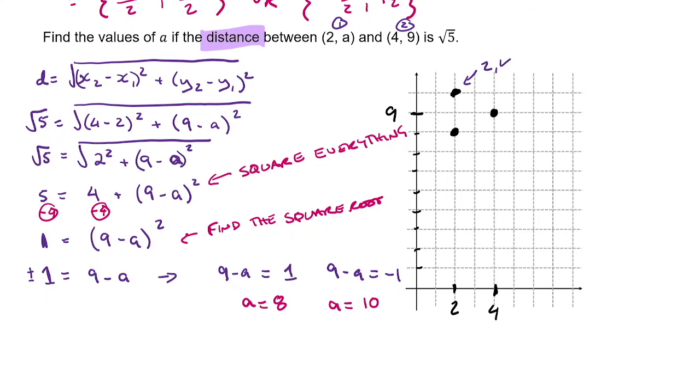So that's 2, 10. And that's 2, 8. And then this distance in here is the square root of 5. And that distance in there is also the square root of 5. So that's just how it looks graphically. And if you've done all the calculations correctly in your algebra, that's where you should get to.